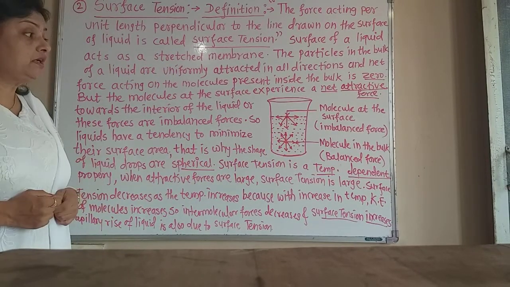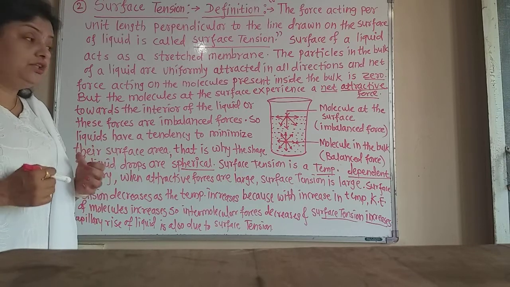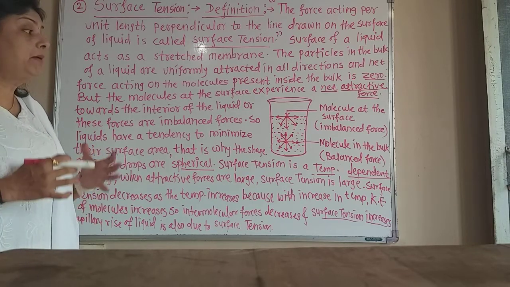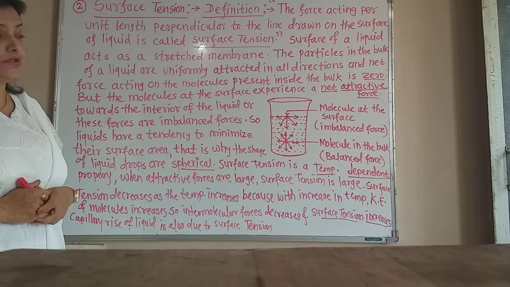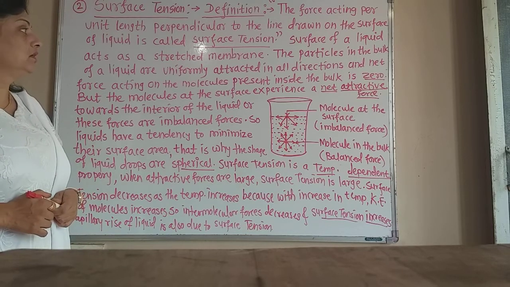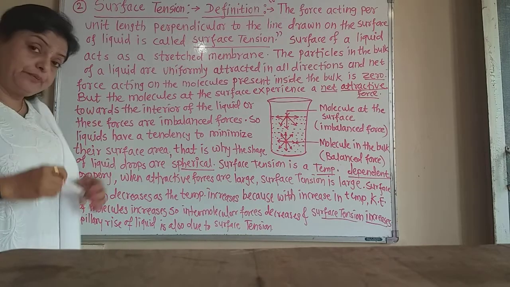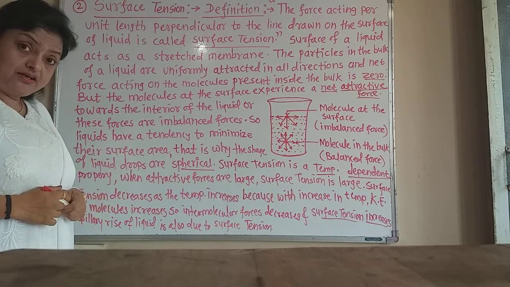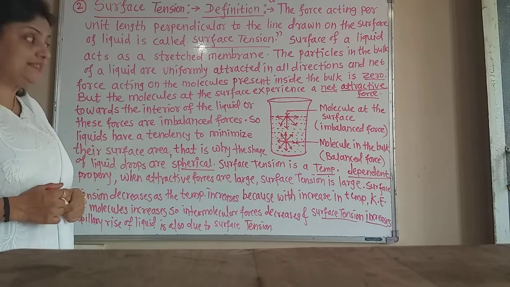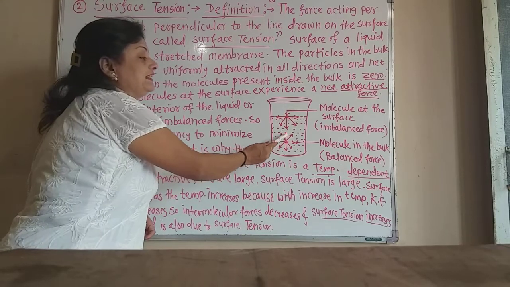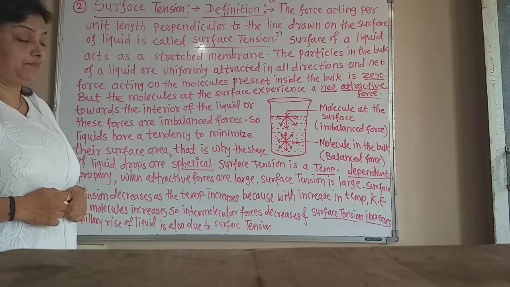That means the molecule in the bulk has balanced forces, and due to that the net force acting on that molecule is zero, because it is attracted in all directions.